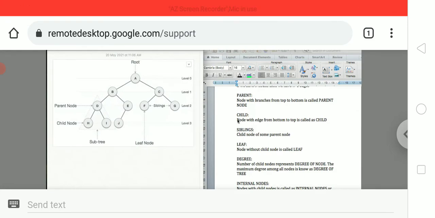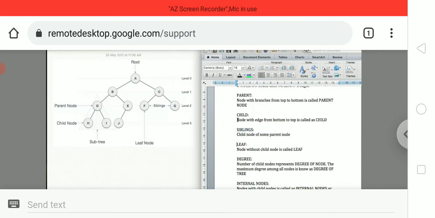And F, G are siblings because these two nodes belong to C parent node. But D and F are not siblings because D's parent is B, F's parent is C. And here D and E are siblings because these two nodes belong to B parent.